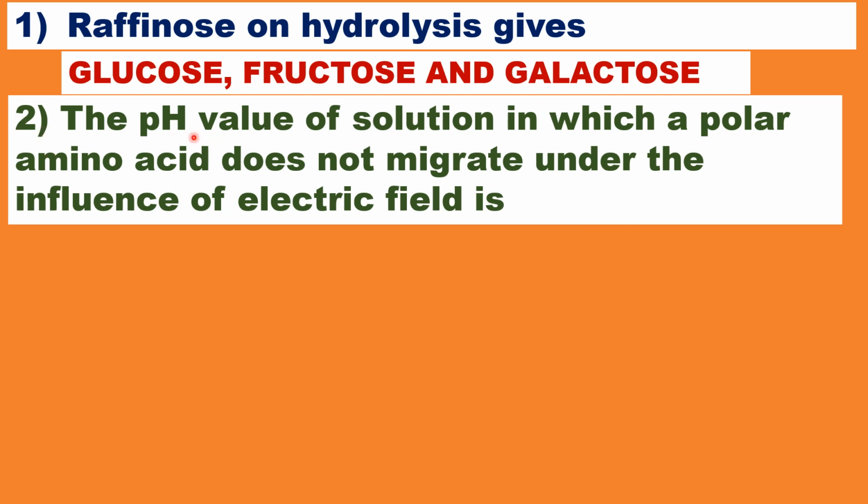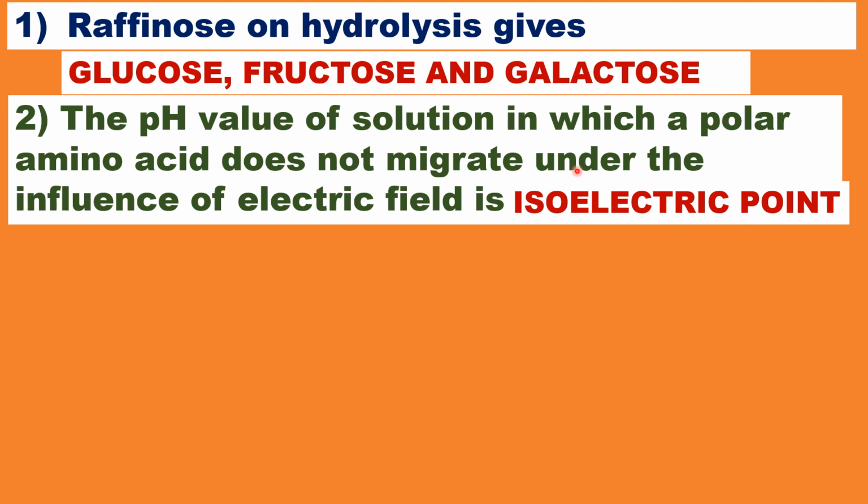The second question: the pH value of the solution in which a polar amino acid does not migrate under the influence of an electric field is called the isoelectric point or isoelectric pH, not isoelectronic.